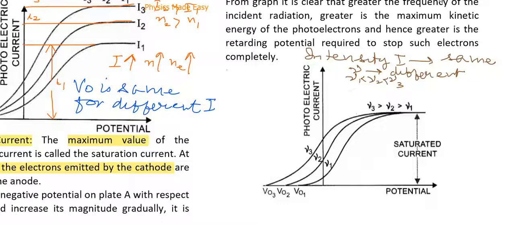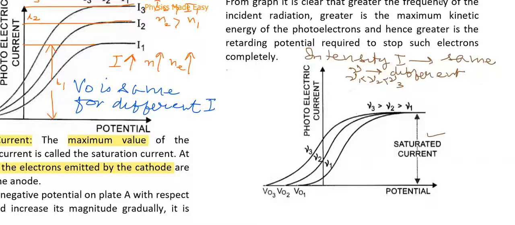Intensity is the same. If intensity is the same, it means saturation current is going to be the same for all frequencies. But for larger frequency, the stopping potential is larger. Stopping potential is large for nu3, smaller for nu2, and further smaller for nu1.